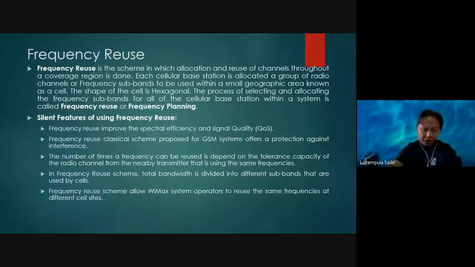If we join another hexagonal here, and also here, then there is no space between them. So hexagonal is very good for identifying the cell. Here we can join another hexagonal like this, and here we can create another hexagonal, and here also we can make another hexagonal like this.